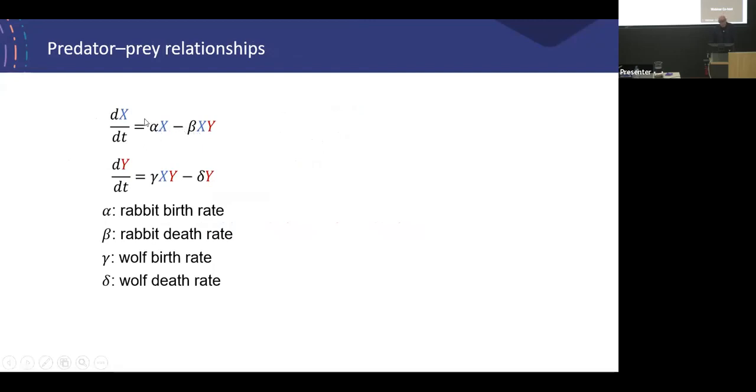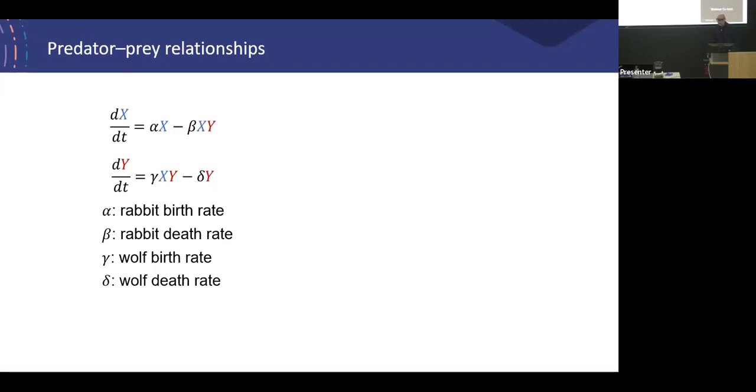The rabbit birth rate just depends on how much grass is present. The death rate depends on how many wolves are present. Why? Notice there is no ecological process in which the rabbits die of old age. The second process describes how Y is changing with time. Their population increases depending on the population of rabbits, and then they die off in a steady process.